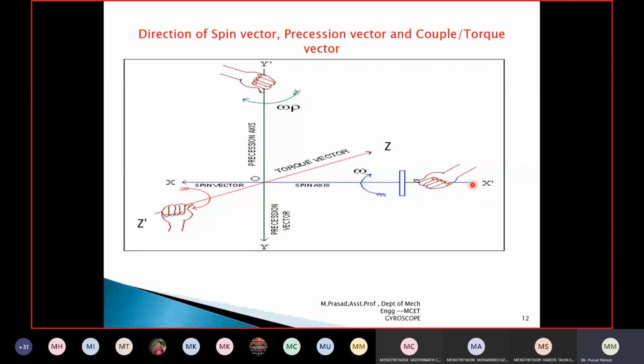Here I have to keep it. So when the disk is rotating clockwise, this is the notation for clockwise, moving in the forward path. With respect to my hand, this shows the forward path. Now, when the disk rotates in anti-clockwise direction, this is the reverse path I get.